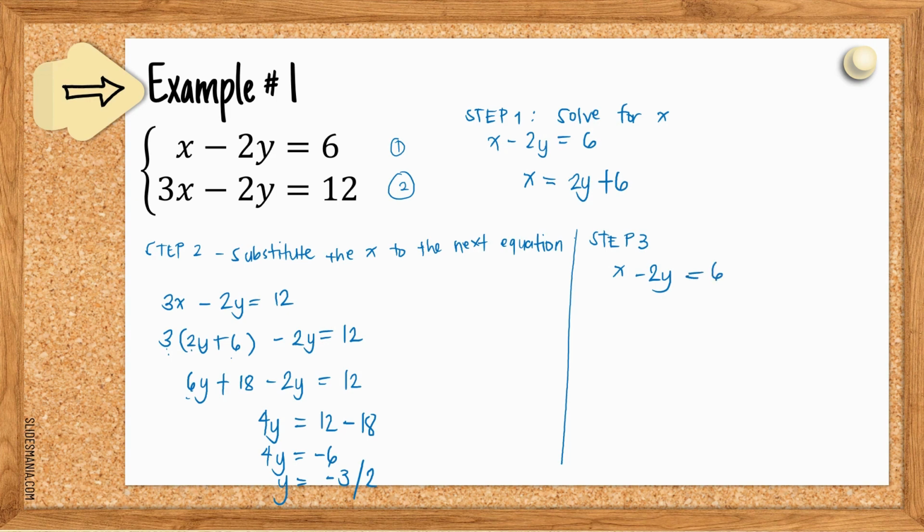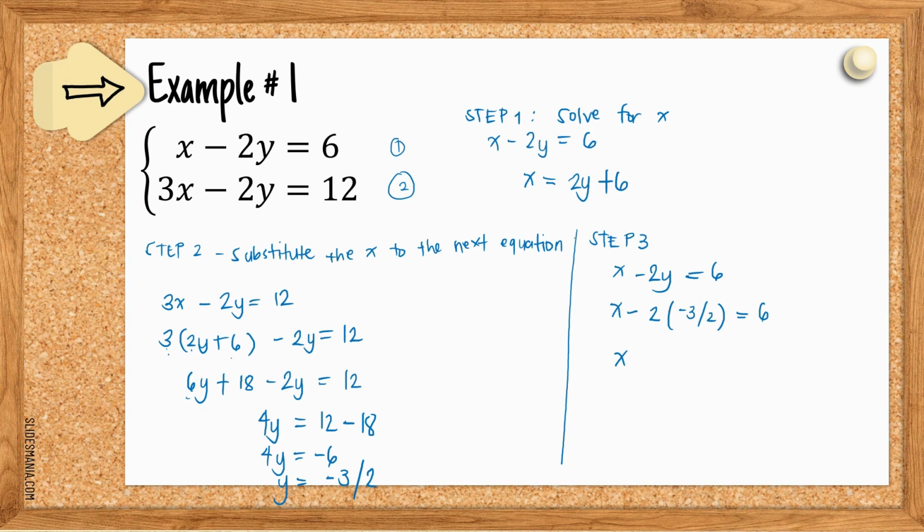Let's substitute the value of y here. x minus 2 times negative 3 over 2 is equal to 6.